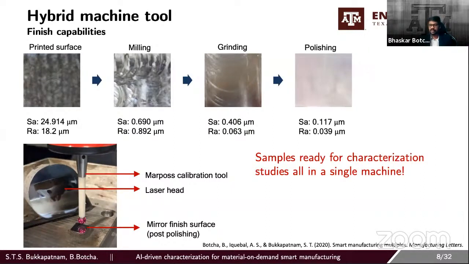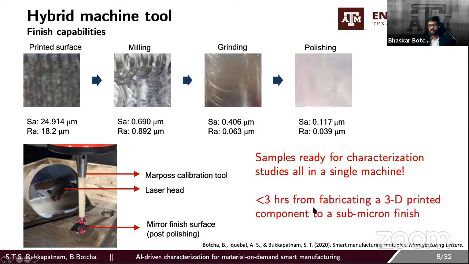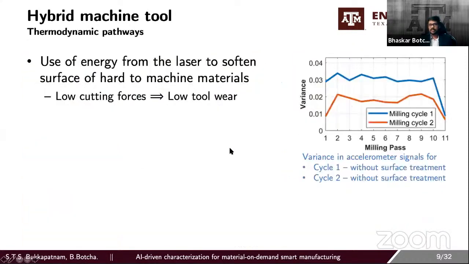With this setup of the hybrid machine tool, in less than 3 hours, we can go from fabricating a 3D printed component using directed energy deposition to a sub-micron finish, ready for characterization, all in the same machine. So that's the finishing capability of this hybrid machine tool.